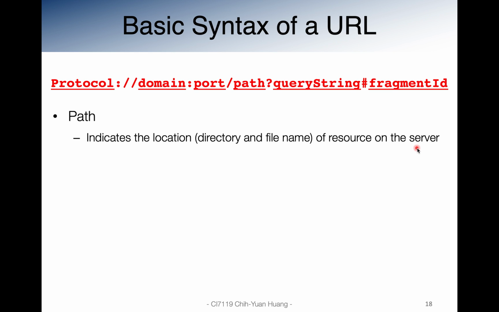Like I said, the domain name and IP address lead you to a certain web server, and that web server has different entries. You use the port to specify a certain entry, and in that entry, multiple resources can be retrieved, and then you use the path to specify the specific resource that you want.